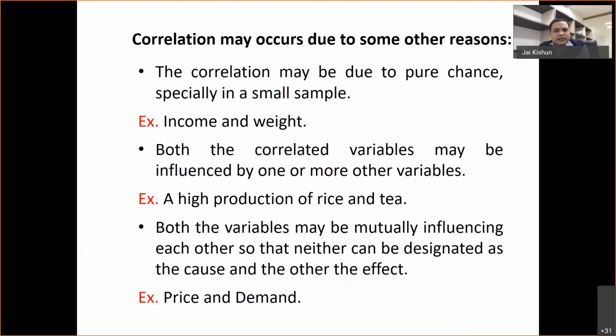When we plot these on graph paper, or estimate the R values, we will find that there is a positive relationship because both are increasing. But mostly these relationships come in a small sample. When you take a large sample, you will find that this relationship does not appear. So this is due to pure chance.